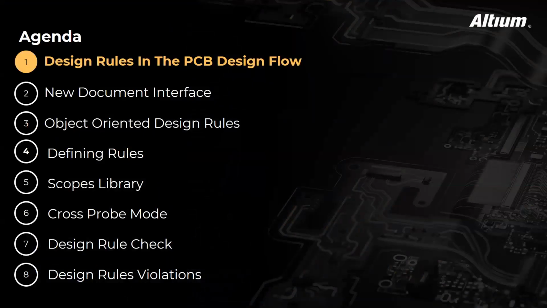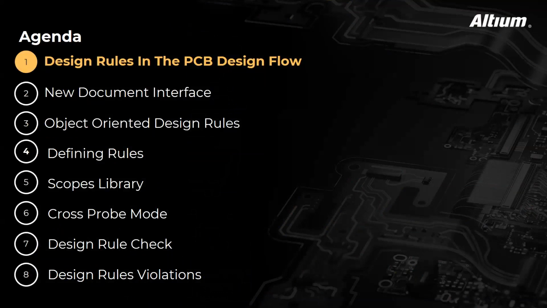Now, coming to today's agenda, we are going to discuss the design flow of design rules in the PCB and the new document interface which was launched in Altium Designer 21.